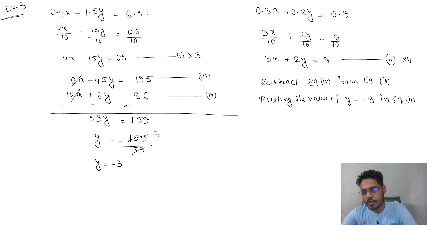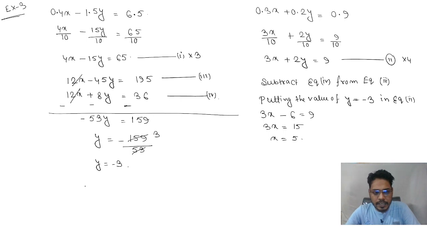If you put this in equation number 2, what will you get? 3x plus 2y, that means plus 2 into minus 3, that will be minus 6, is equal to 9. So 3x will be equal to 9 plus 6, 15. x will be equal to 5. Now y is equal to minus 3 and x is equal to 5. These are the values of x and y, and you have to solve in this way.